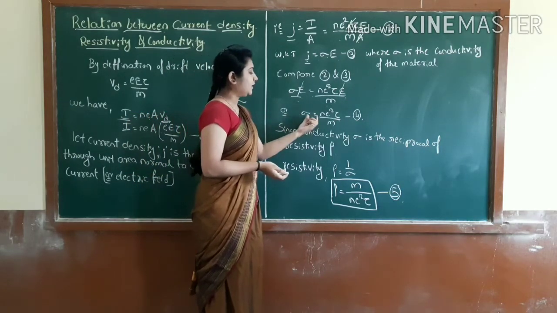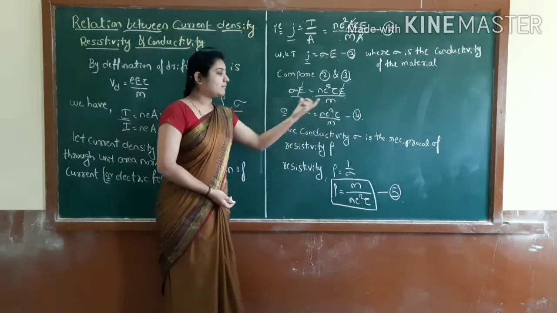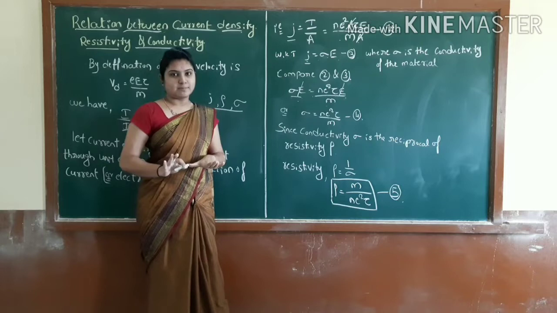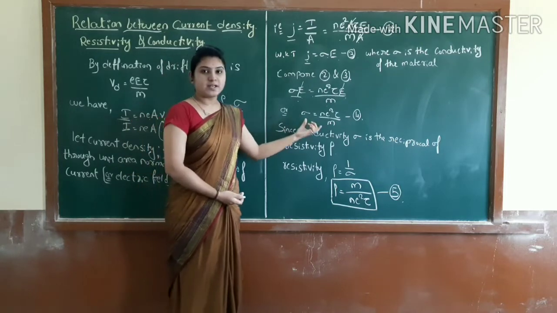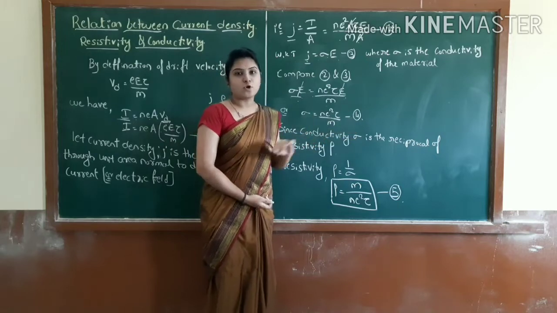Sigma is equal to, that is conductivity is equal to n e square tau divided by m. This much remains. Take it as equation number 4 now.